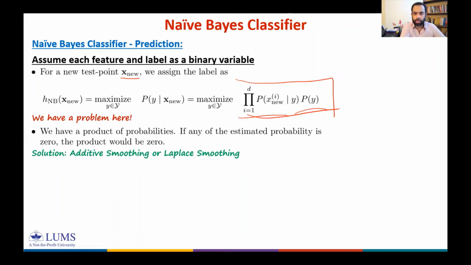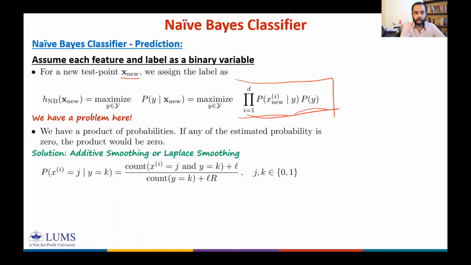So what is this additive smoothing? When we estimate these probabilities, we simply add some positive L in the numerator. What is the interpretation of this addition of L?